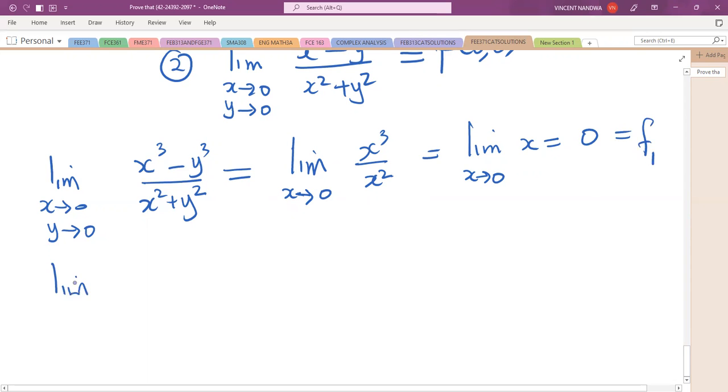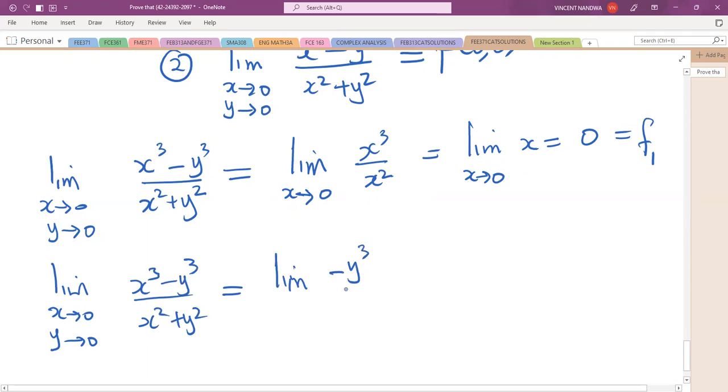Next, along the y-axis, all values of x are 0. So replacing x by 0, we'll have minus y cubed over y squared, as y approaches 0. This is the limit as y approaches 0 of negative y, which will still be 0. Call this one f2.